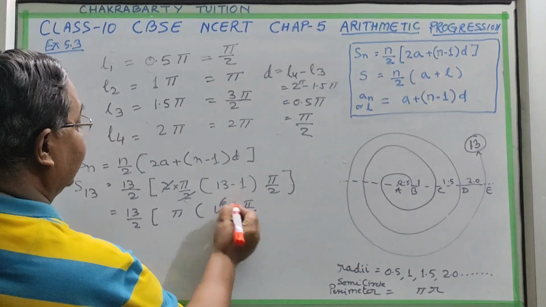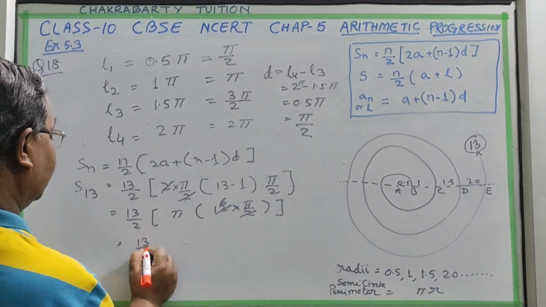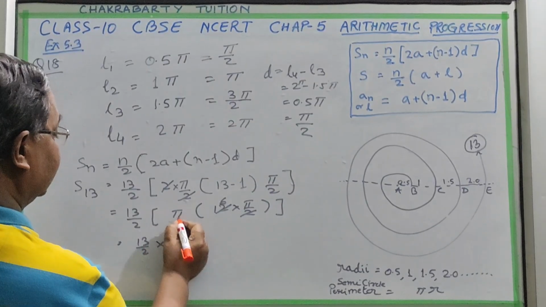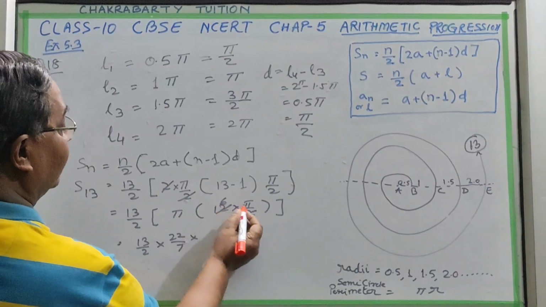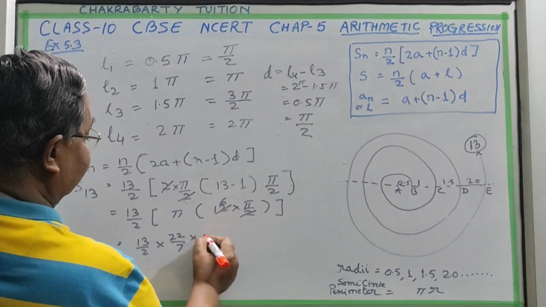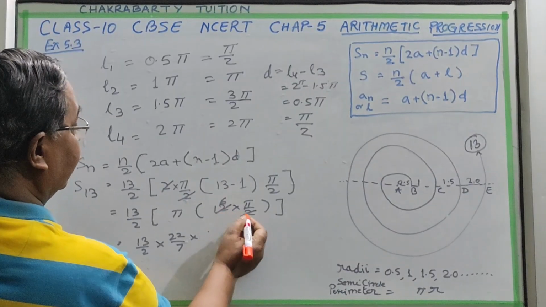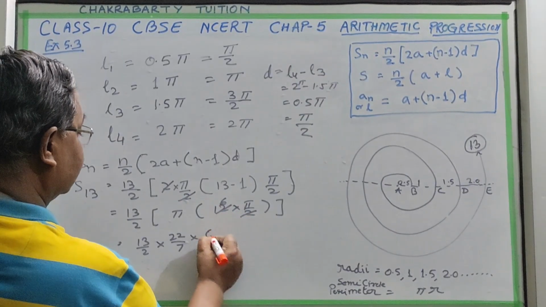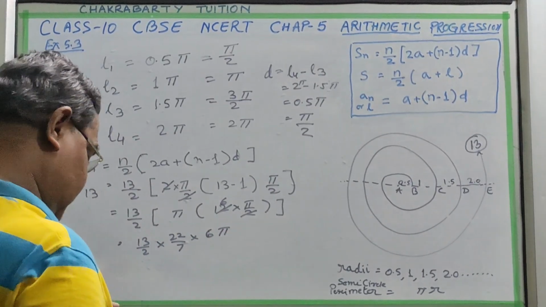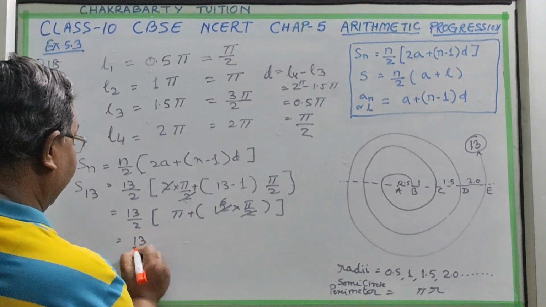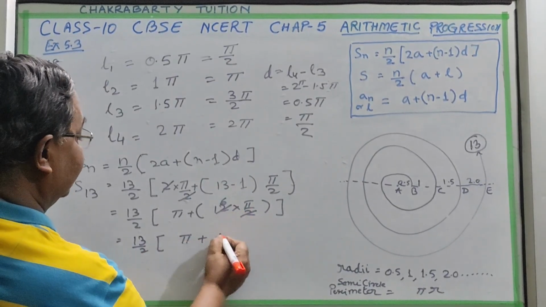So 2 we will cut, it will become 6 pi. So here 13 by 2 pi plus 6 pi, with pi as 22 by 7.